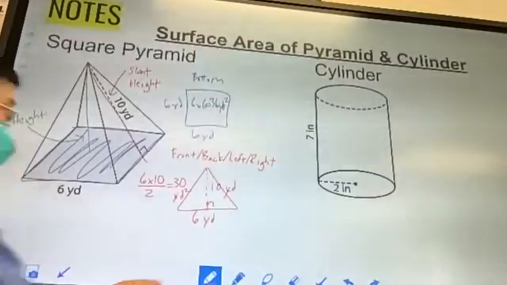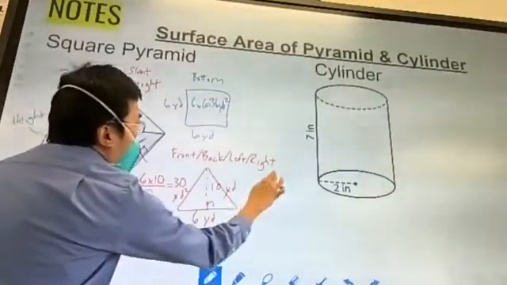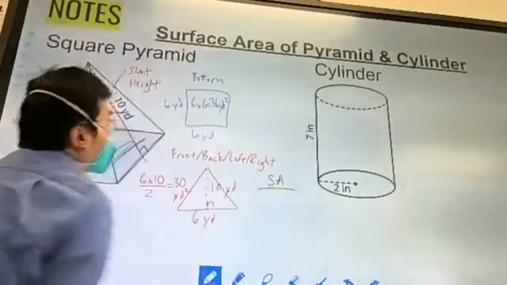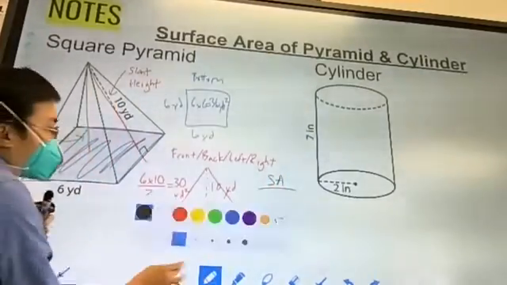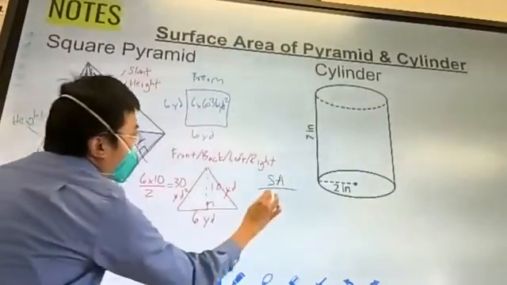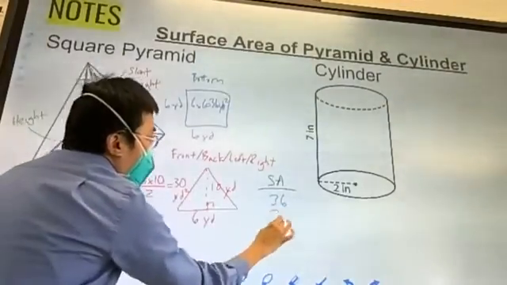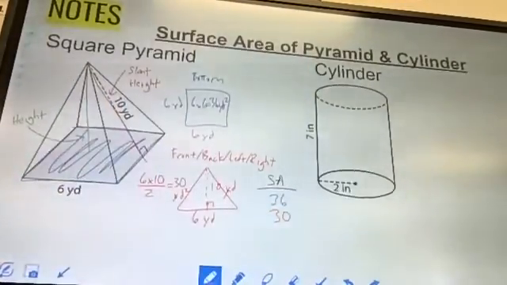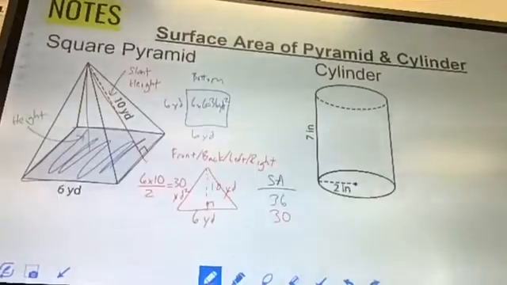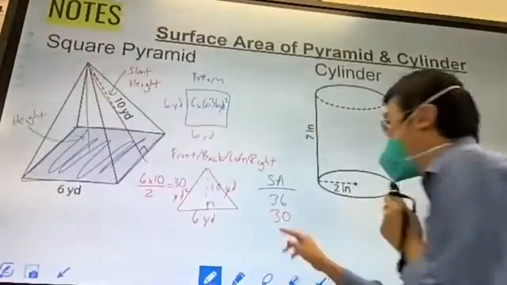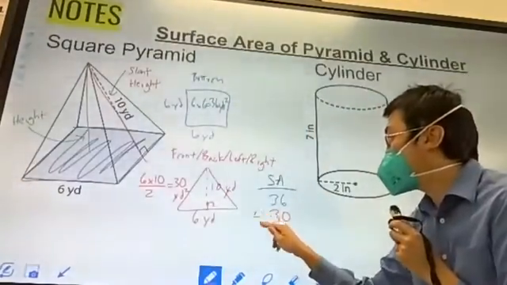All we have to do now is find the entire surface area. So we have 1 square, so we just write 36 one time. And how many times do I write 30? How many triangle faces do we have? We have 4, right? So 4 30s.